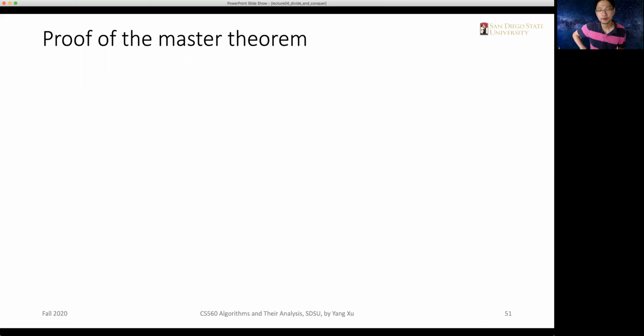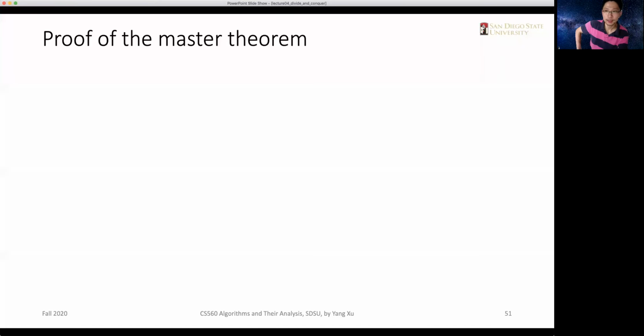If we want to see why, we will show in this proof that we can draw some tree-like structures. We can use the recursion tree method that we used in the previous lecture to conduct the proof and to get some intuition of why the master theorem will work.